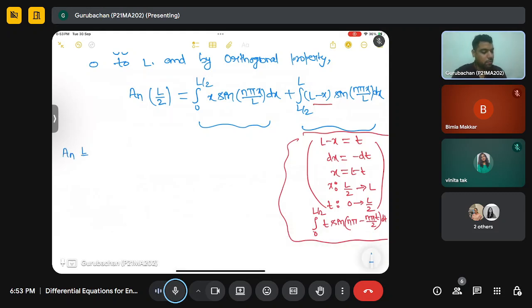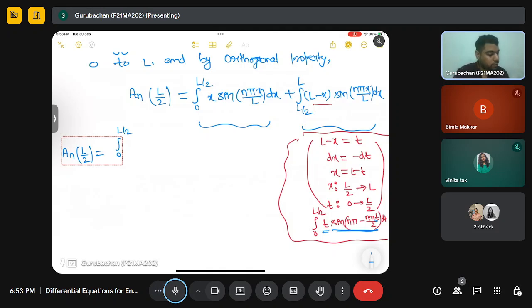I am just keeping l by 2 here, then this will be 0 to l by 2. So this t is here a dummy variable, and whenever this sign is the same as sine pi t by 2, only when n is an odd number. When n is an even number, then this will give you a minus value.